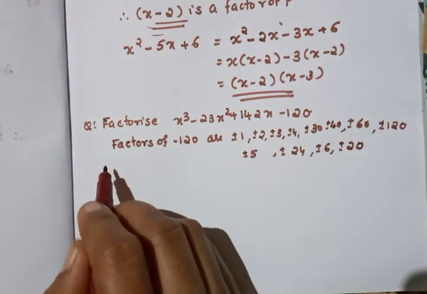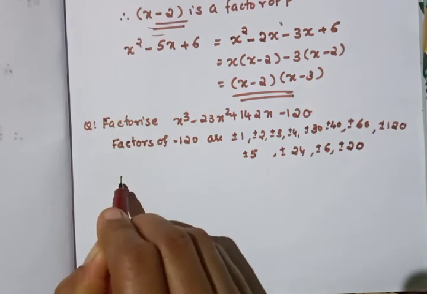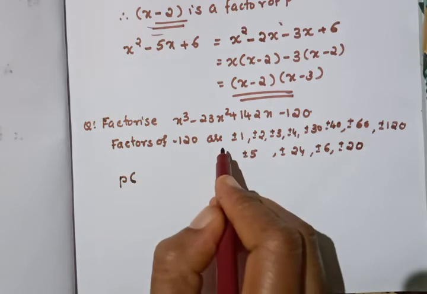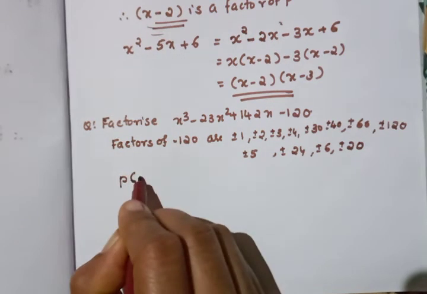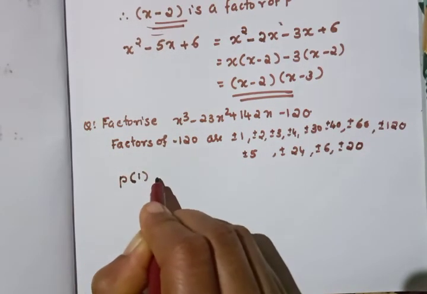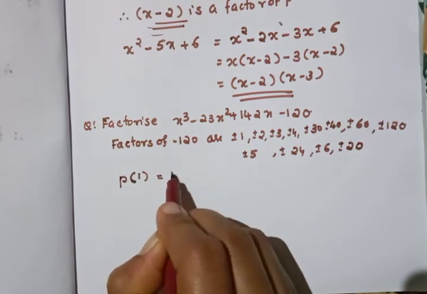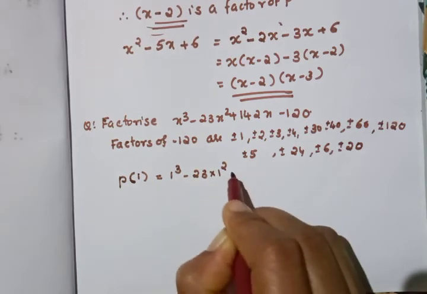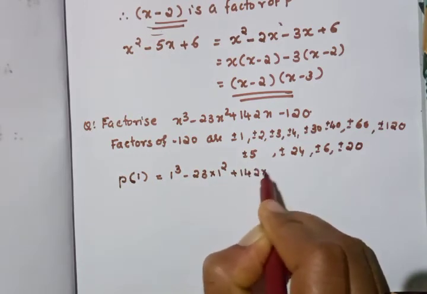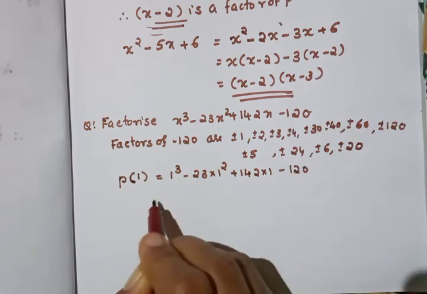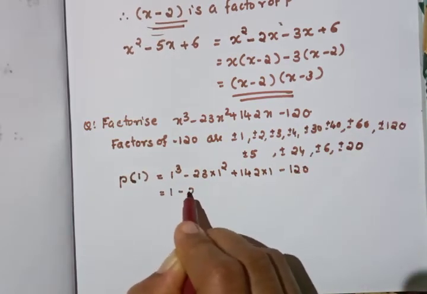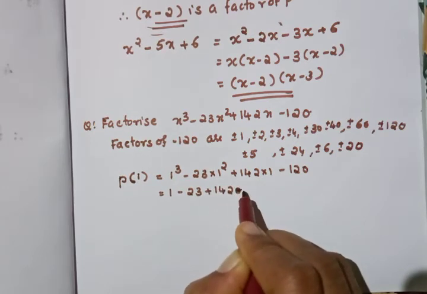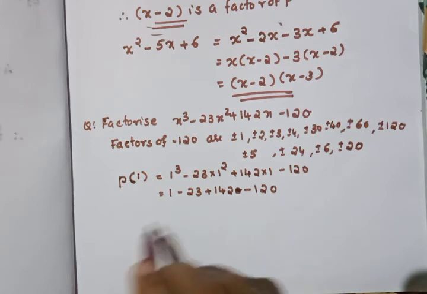Okay, then we will apply factorization theorem. P of, I am taking here positive 1. Okay, let's check whether we are getting the remainder 0. 1 cube minus 23 into 1 square plus 142 into 1 minus 120. 1 minus 23 plus 142 minus 120. Let us solve this.